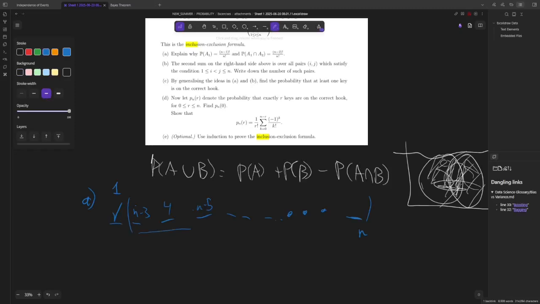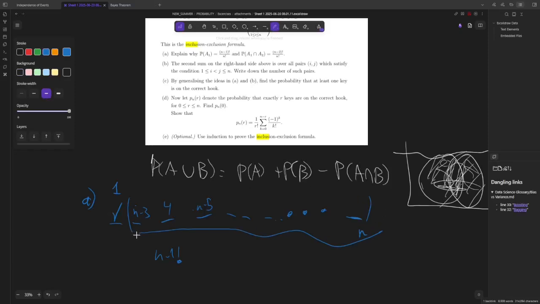So the rest of the n minus 1 keys can be in any permutation, because order does matter. It's not the same putting key n minus 3 here as putting it here and then 4 here, and vice versa. Therefore, it's a permutation. And how many ways are there to permute n minus 1 elements? n minus 1 factorial.